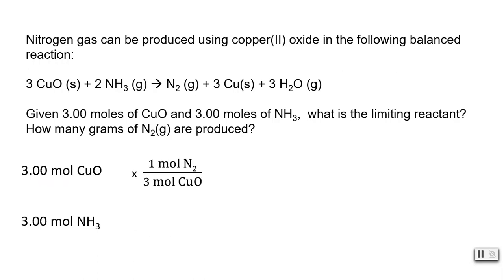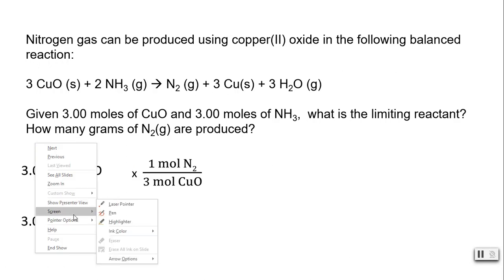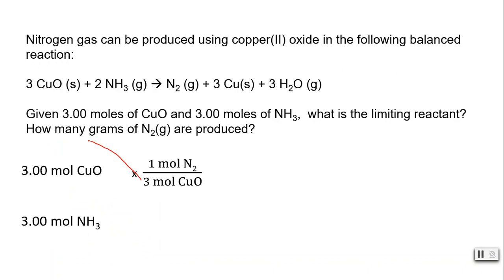We're going to use the coefficients of the balanced chemical equation to relate moles of copper oxide to moles of nitrogen gas. And so from that balanced chemical equation, we can say that for every 3 moles of copper 2 oxide, there is 1 mole of N2.